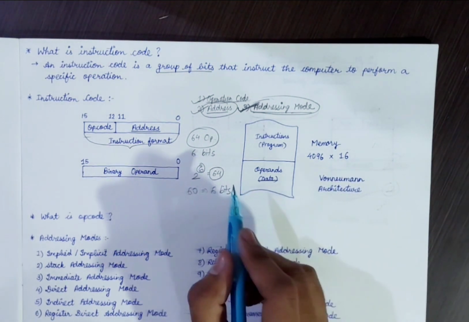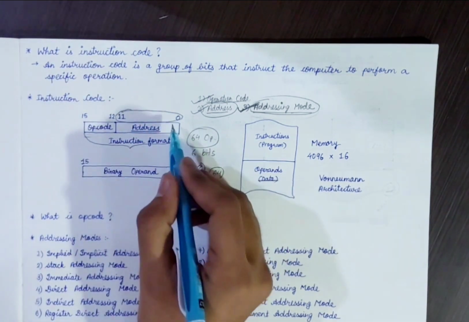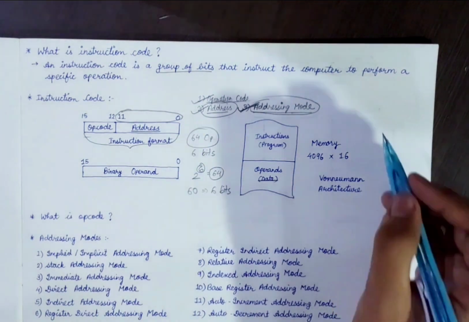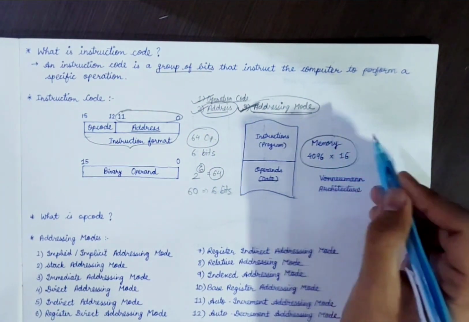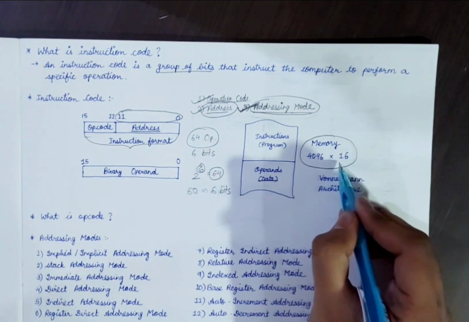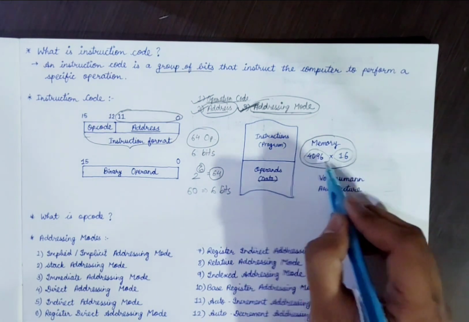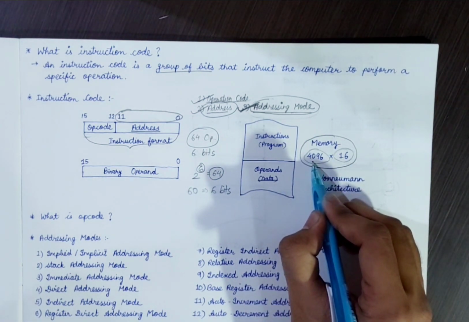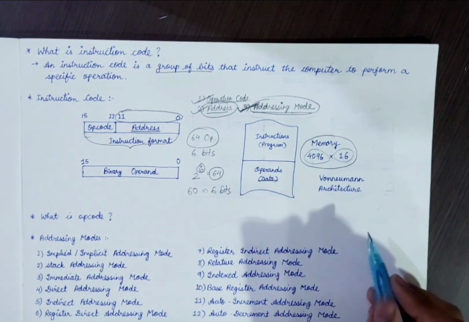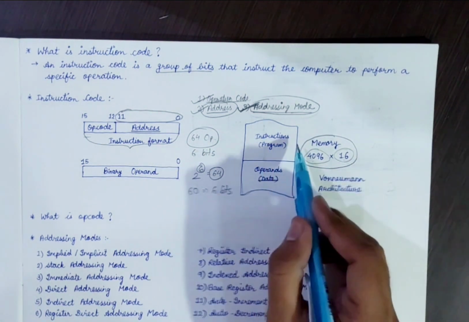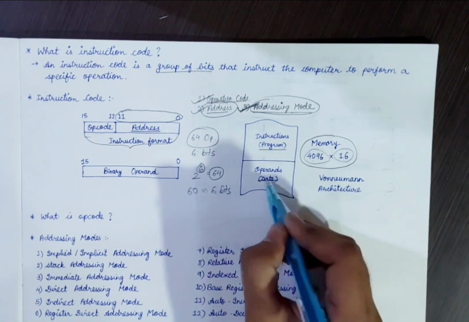Now, how did we decide that the address will be of 12 bits? It is on the basis of the size of physical memory. For example, here we have taken 4096 by 16. It means there are a total of 4096 different registers, each of 16 bits. Here this memory is divided into two parts, the program memory and data memory.